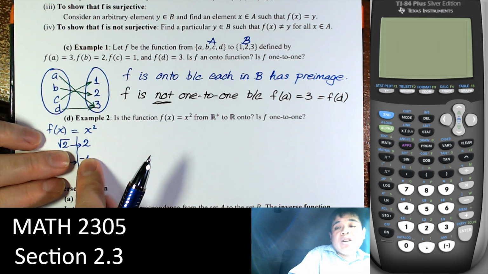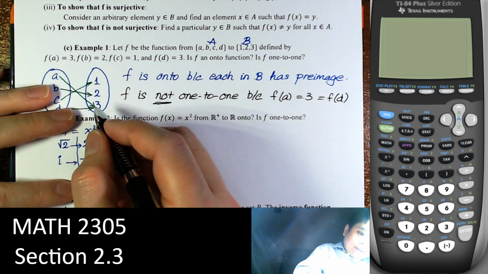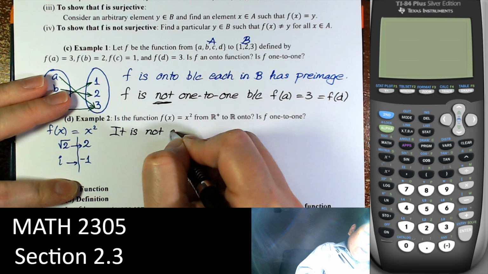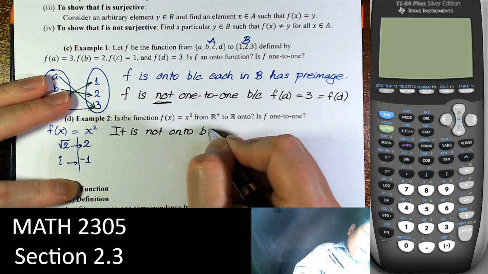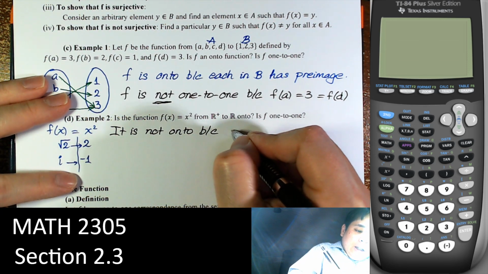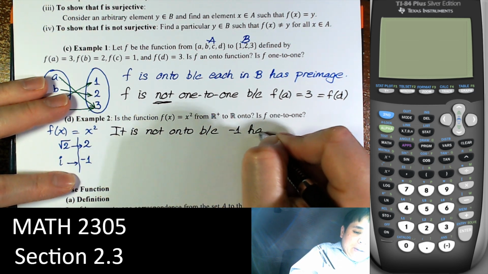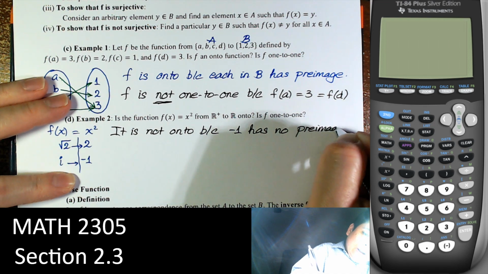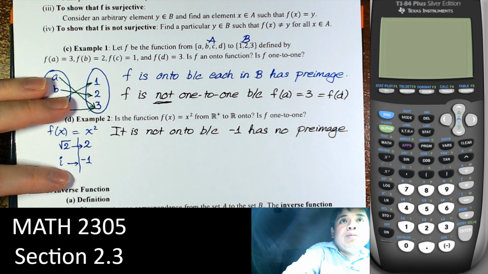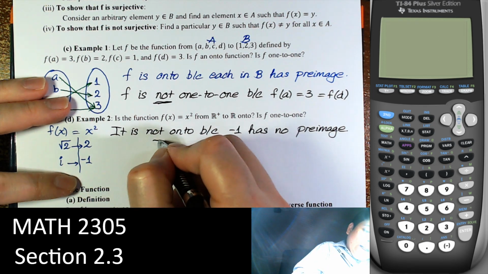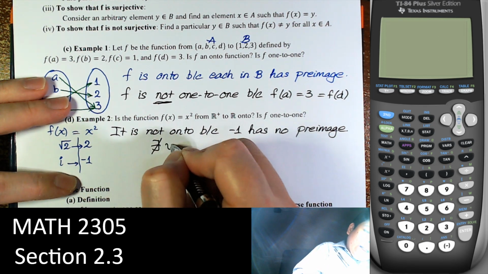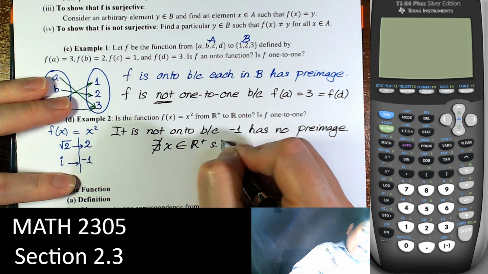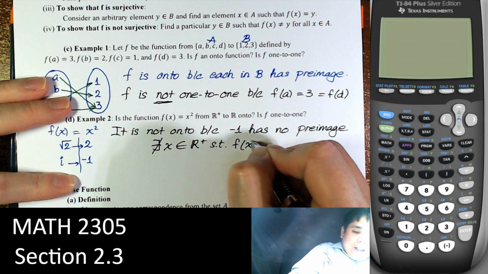So that's why this is not onto. Or we say that there doesn't exist an x in this set such that f of x equals negative 1.